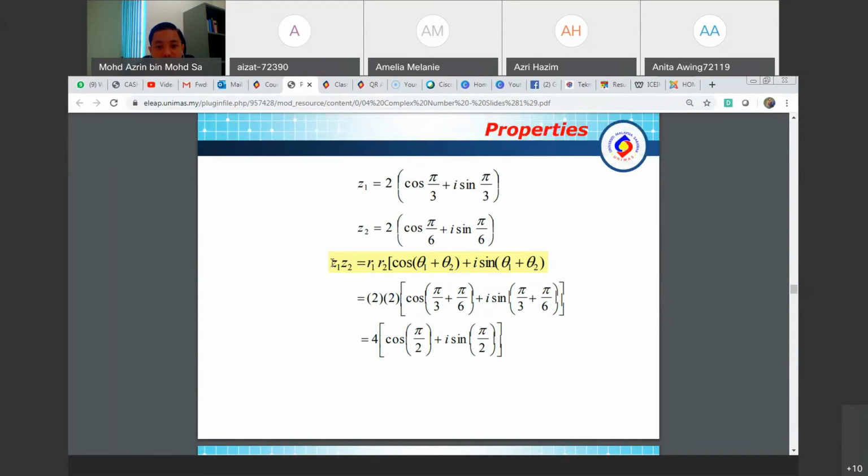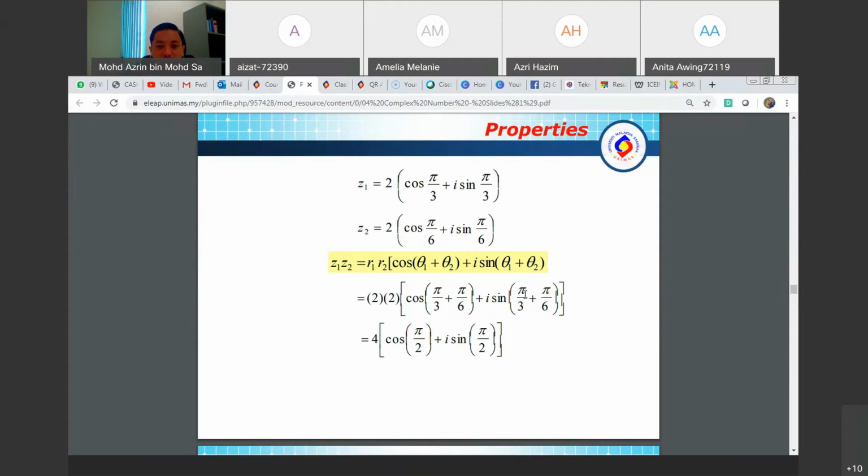And then after you multiply this, you just substitute the values in. R1 is 2, R2 is 2, theta 1 is pi over 3, theta 2 is pi over 6. Substitute. And then 2 times 2, you get 4. Pi over 3 plus pi over 6, you get pi over 2.